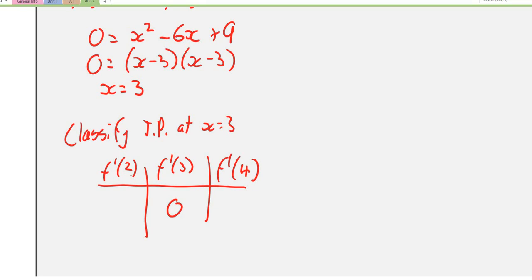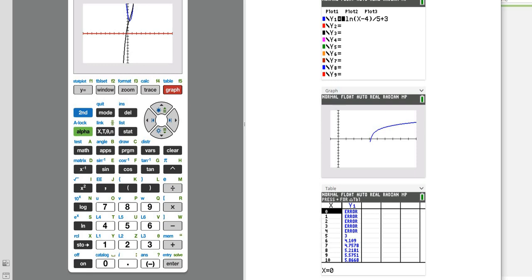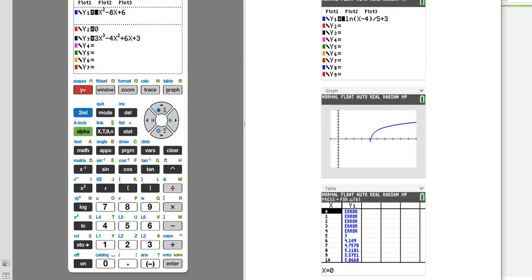You will hopefully be happy to know there is an easy way to do this. Does anyone know what the easy way might be? Use your table. That's right. So if we go to our graphics calculator, go into y equals. I'm just going to clear this last question away and put my derivative function into y equals. Can someone read out the derivative function to me because I can't see it on my screen?